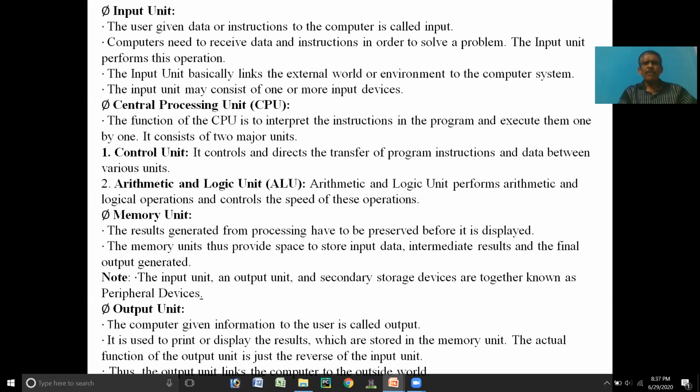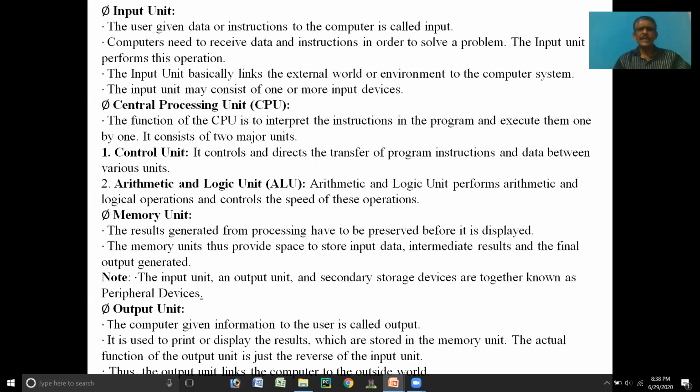Next, the second block, the central processing unit, in short called CPU. The CPU is considered the heart of the computer.